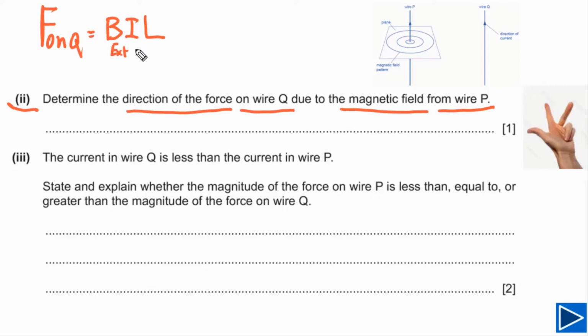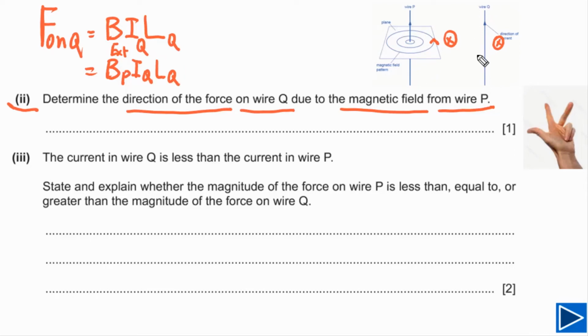I is current in wire Q, and L is length of Q. So we can say this magnetic field is due to P, and this is current of Q, and this is L of Q. We have already discussed the magnetic field due to P at this point is into the page. So here magnetic field is also into the page due to wire P.